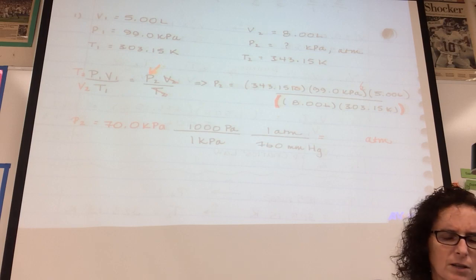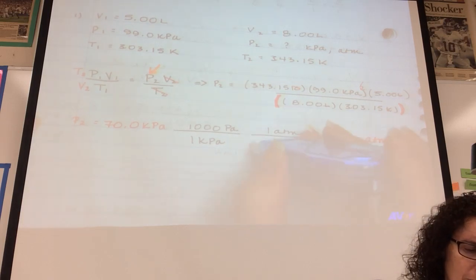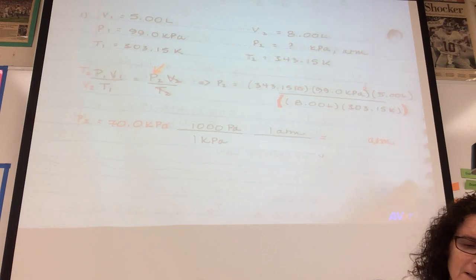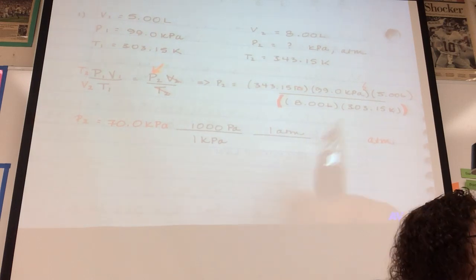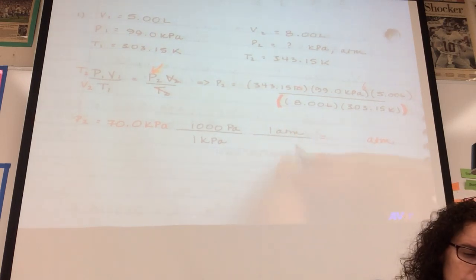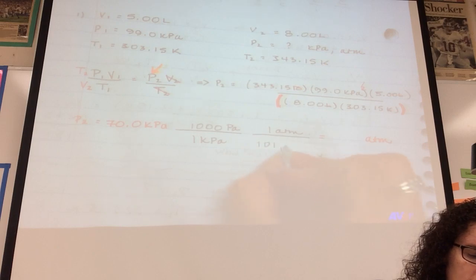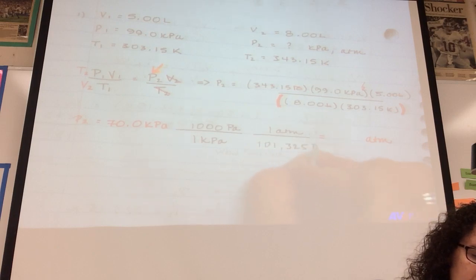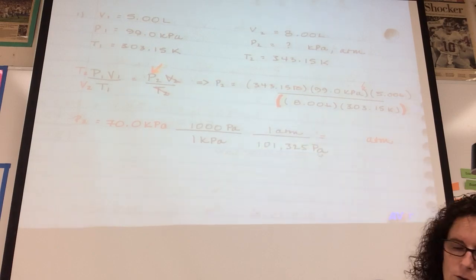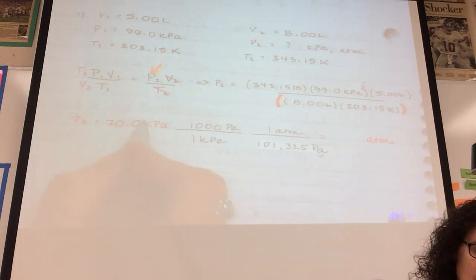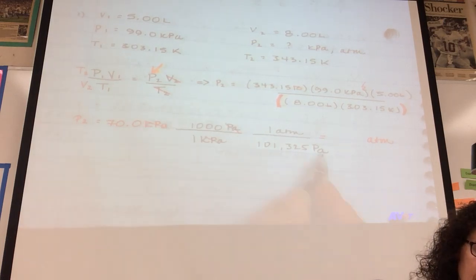Why did I put 760 mercury in there? That doesn't belong, silly. What belongs there? 101,325 pascals. And again, looking at unit cancellation, you'd catch it if you did something silly like that.